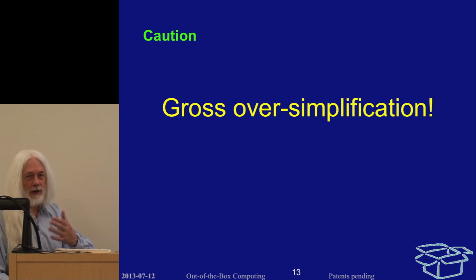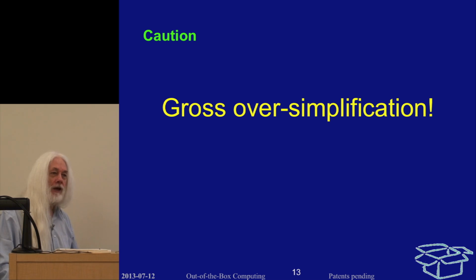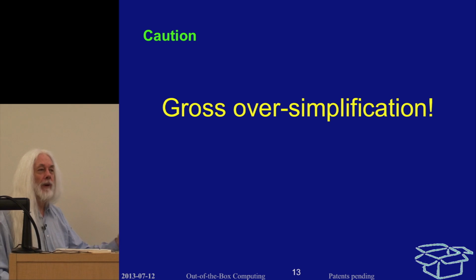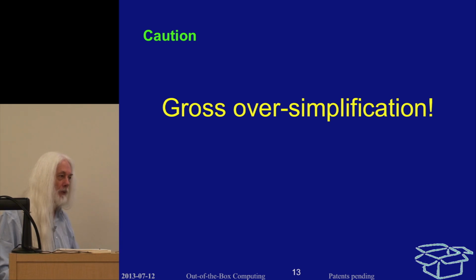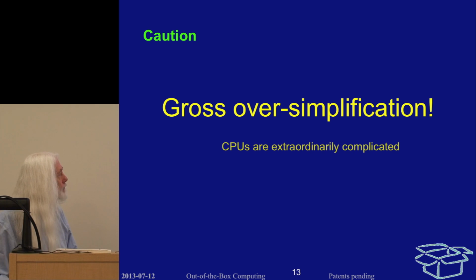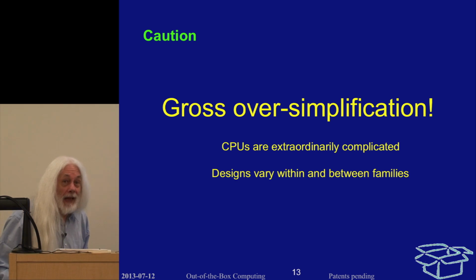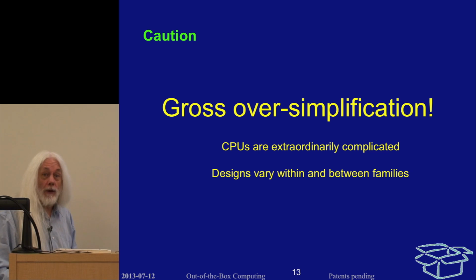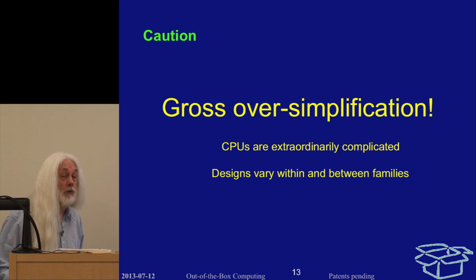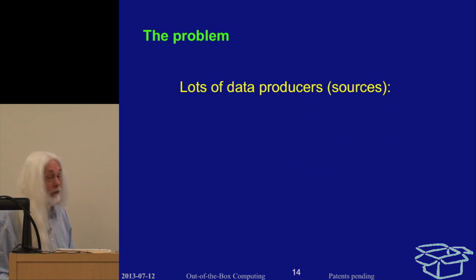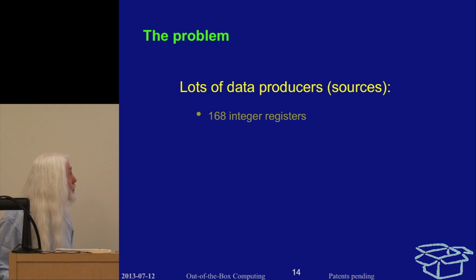Any of you who actually do chip design know I'm lying through my teeth, but at least you'll get a sense of the order of magnitude of the problem and where some of the issues lie. CPUs are extraordinarily complicated, and designs vary wildly between and across lines. So, gross simplification. The basic problem is that there are a lot of data sources.